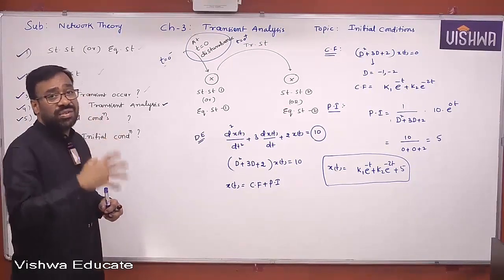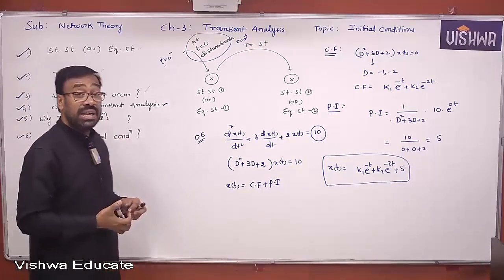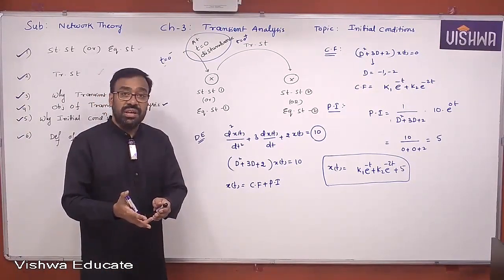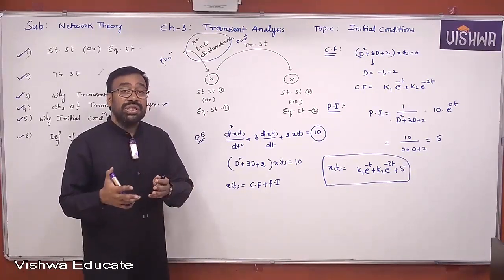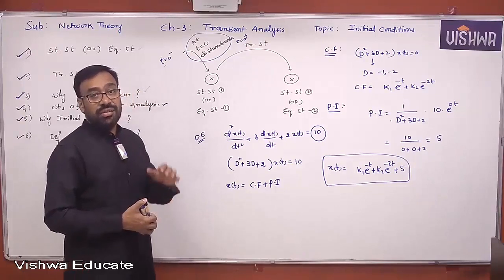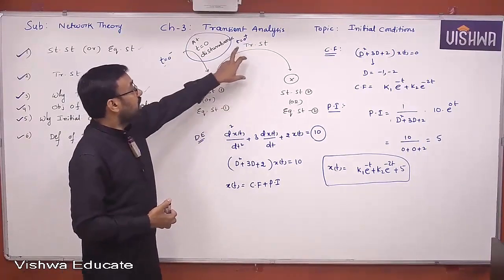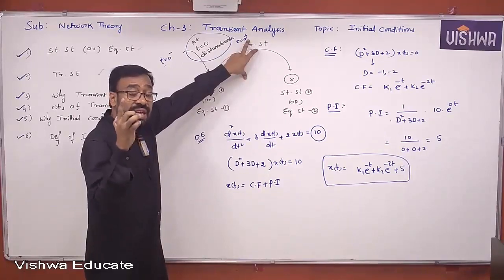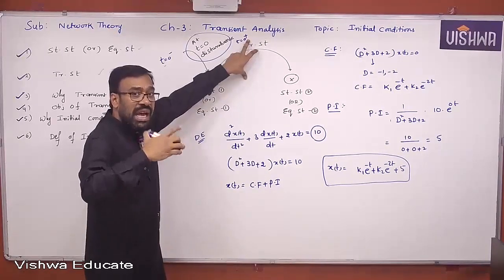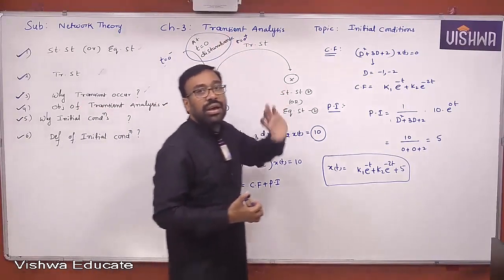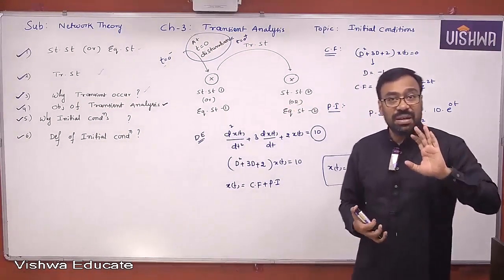Keeping in mind these and the inductor and capacitor characteristics, current through an inductor may not change instantaneously, and voltage across a capacitor may not change instantaneously. So we define it differently: t equal to 0 plus conditions, the conditions which exist in the system immediately after the disturbance takes place, are called initial conditions. I hope you understand the point now.